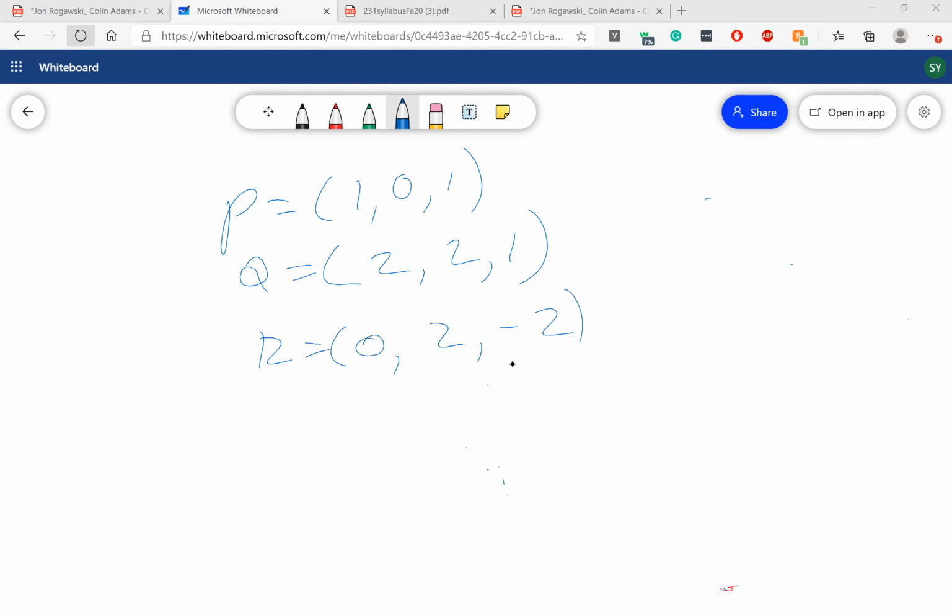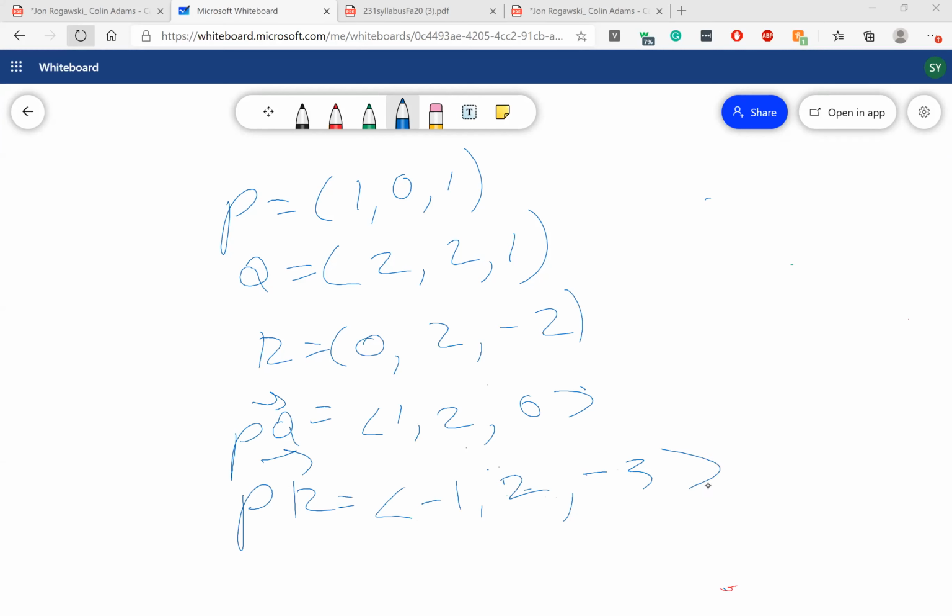So now PQ, which is Q minus P, is going to be 2 minus 1, so that's 1, and 2 minus 0, so that's 2, and 1 minus 1, so that's 0. And then PR is going to be R minus P, so it's 0 minus 1, which is -1, and 2 minus 0, which is 2, and -2 minus 1, which is -3. So these are the two vectors.